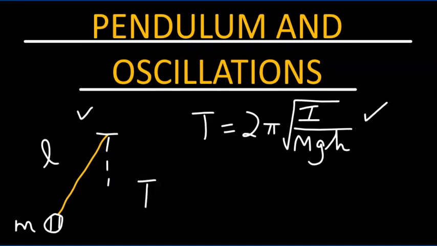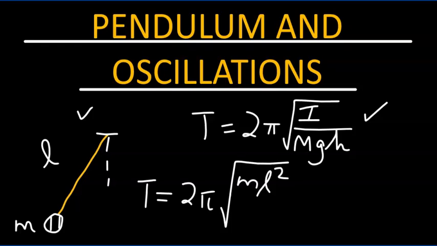So the period of a simple pendulum is given by 2 pi square root. The moment of inertia of the system is just mL squared. It is a moment of inertia for a point mass. So this is the point mass, and this is where the axis of rotation is, and the distance between them is L, thus mL squared for the moment of inertia.